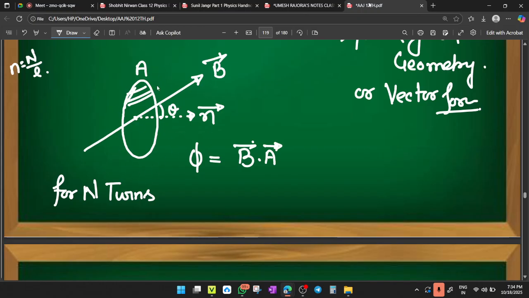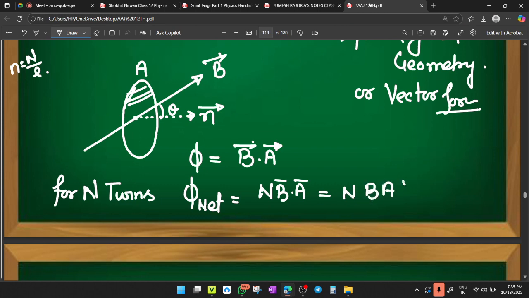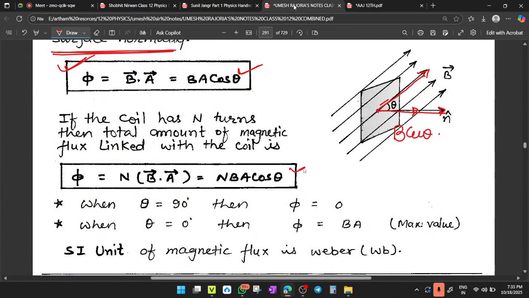Yes or no? So for N turns, the total flux will be N times the flux linked with one coil. So phi net for N turns becomes N B dot A. If you open it, it will give you N mod B mod A cos theta. So for N turns, it is equal to NBA cos theta. Understood?